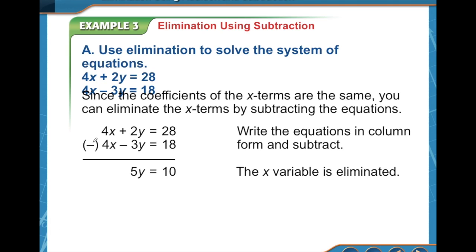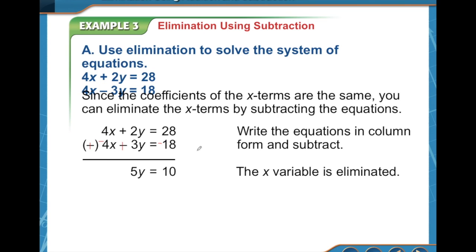So if we're subtracting, that means every sign has to change, and then you can make this a plus. So I've changed the sign of everything here, and then made this a plus sign, and now I can add all these things straight down. Otherwise, if you don't do that, you have to mentally remind yourself that all the signs are different, and if you forget, you'll end up with the wrong values.